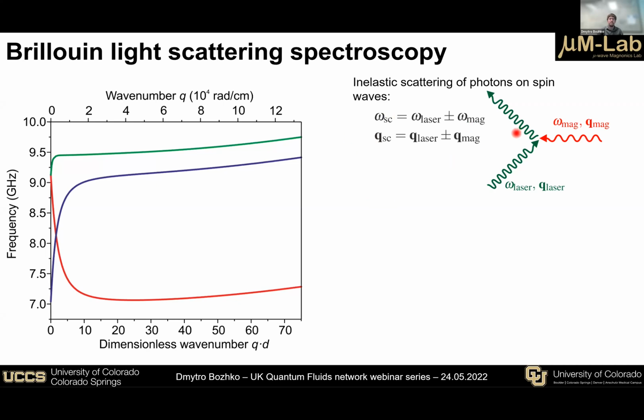We have one photon of the laser light, typically a green laser at 532 nanometers, and it scatters on a magnon. And because of the conservation of energy and momentum, we can have frequency resolution.